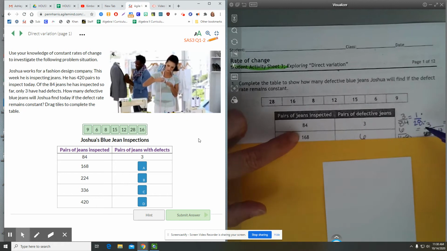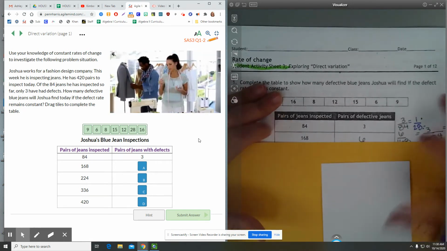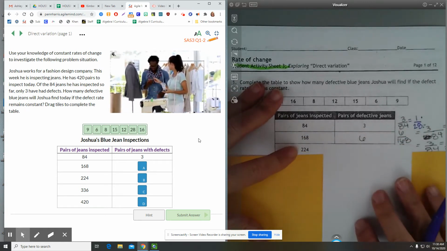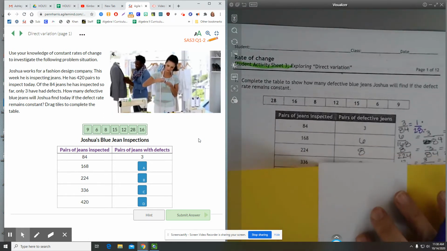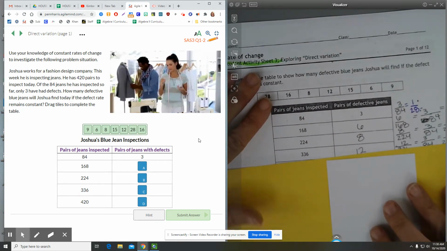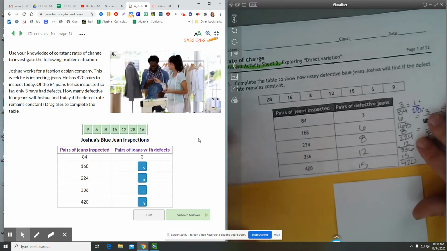So how many sets of 28 are there in 168? 6. How many sets of 28 are there in 224? That would be 8. How many sets are there in 336? That would be 12. And there are 15 sets in 420.